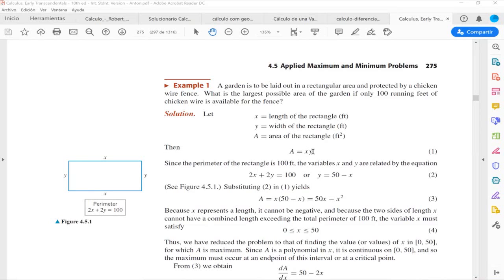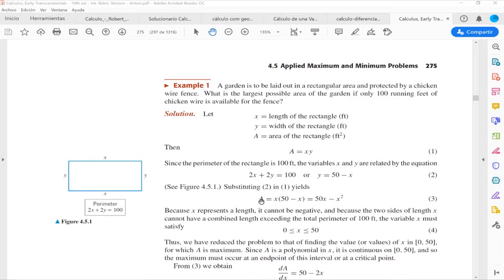This function has two variables. Unfortunately, it has two variables. I cannot find the derivative because it has two variables. I have to leave one variable. Then, from here, they get y equals to that. And then you substitute over here.